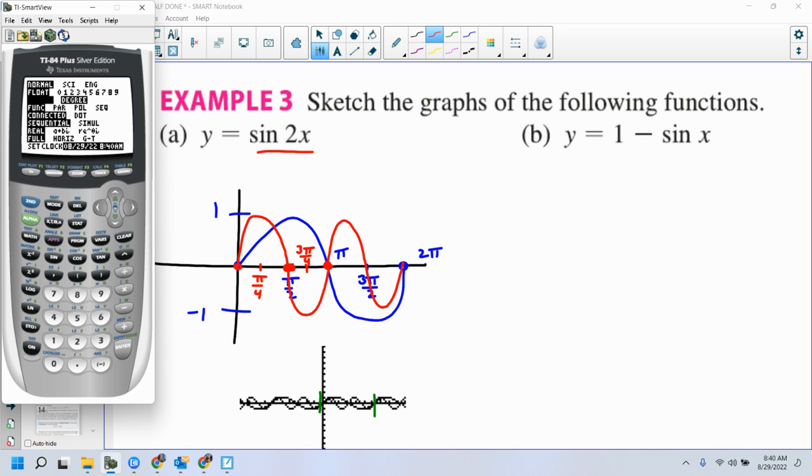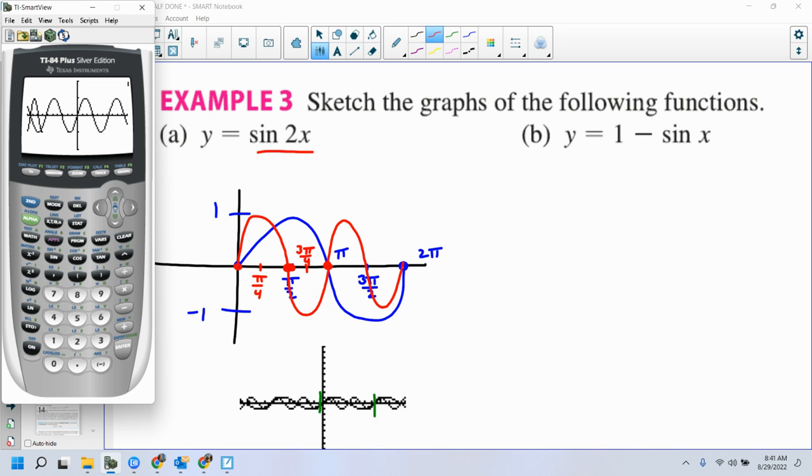You should be in radians. And if you wanted a clearer picture, because my range is -1 to +1, you could go in and change your window. I don't need my y minimum and maximum to go to 10s. Let's just put it to 2. That'll give us a better picture.